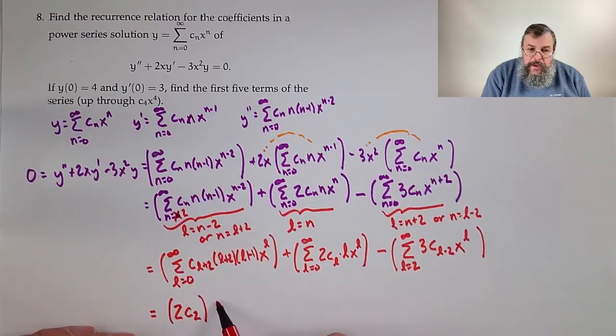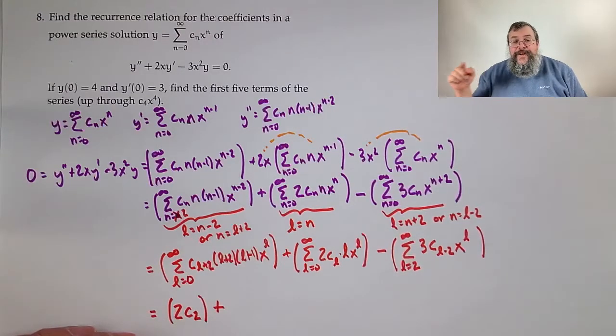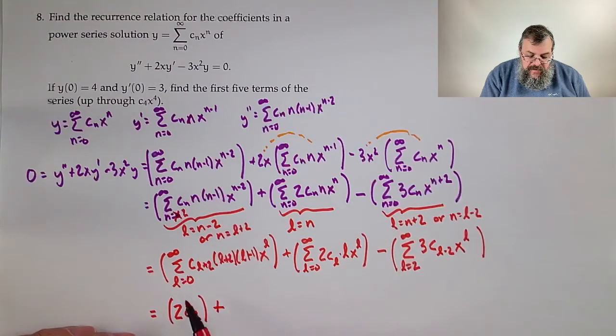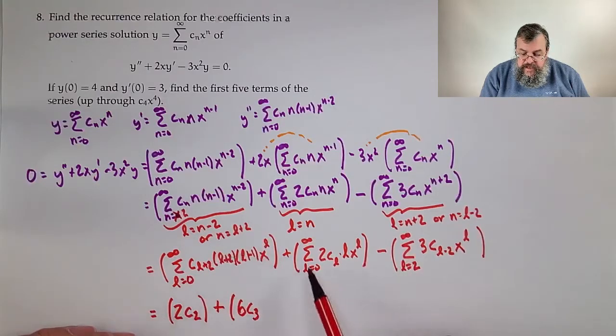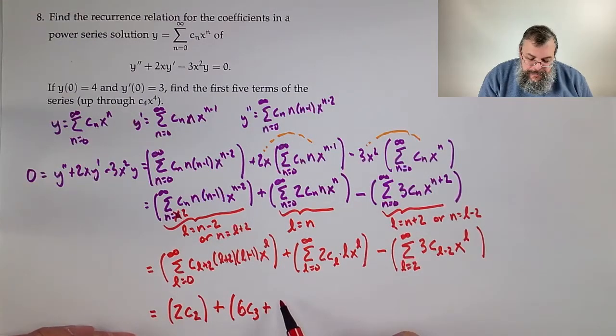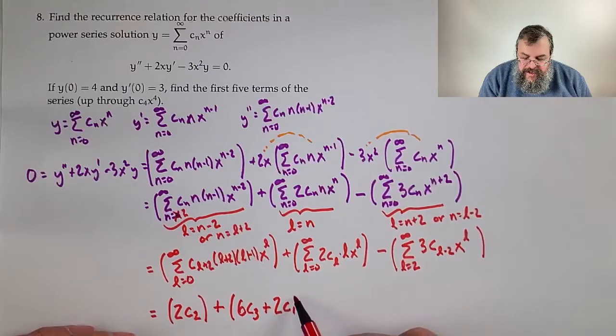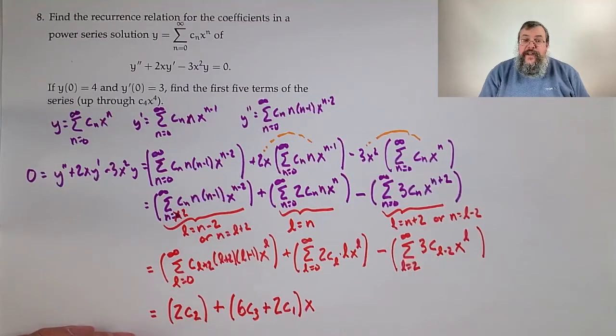Plus, now we go to our next piece: plug in L equals 1. So we'd have C3 times 3 times 2, so that would be 6C3. Here, plugging L equals 1, we're going to get 2C1 times 1. So 6C3 plus 2C1, and that's our coefficient for x.